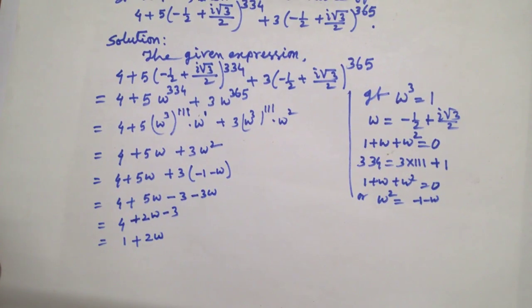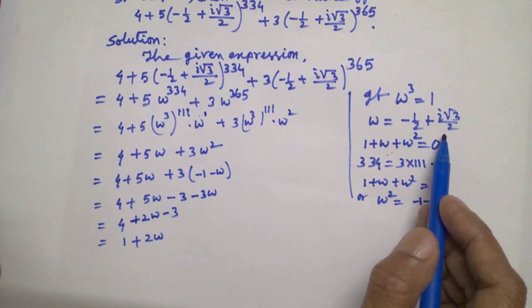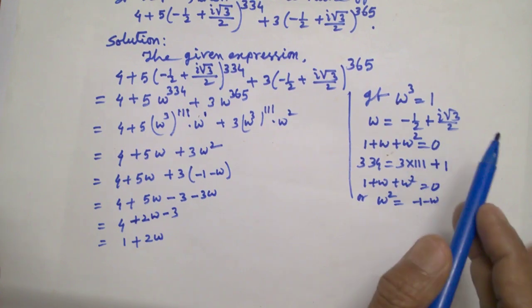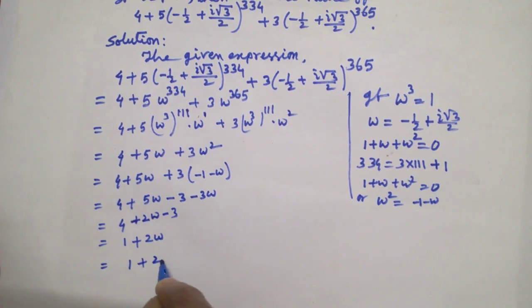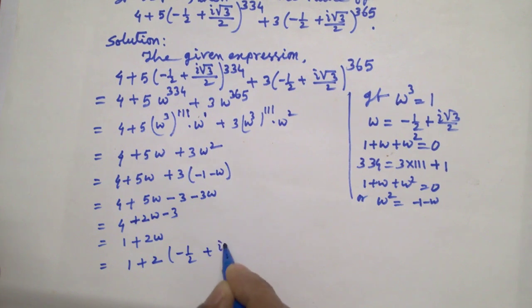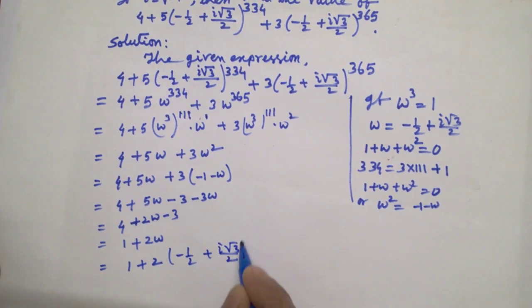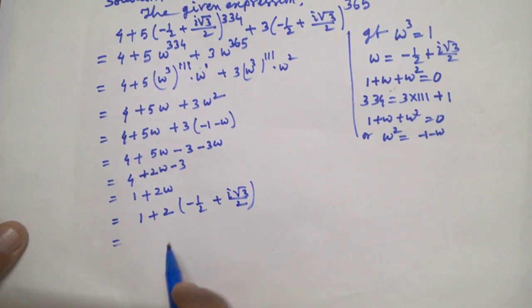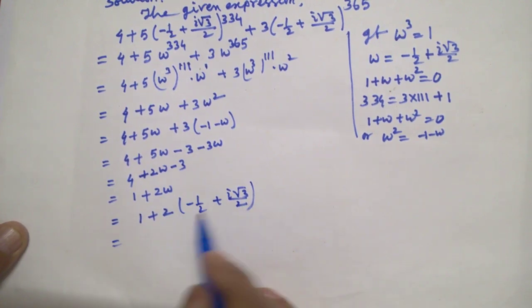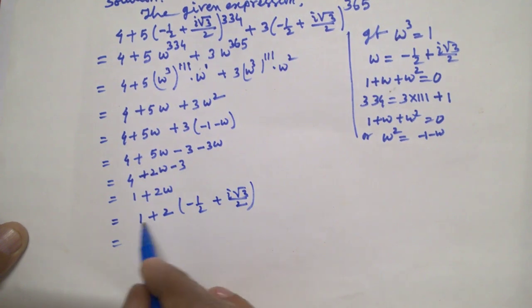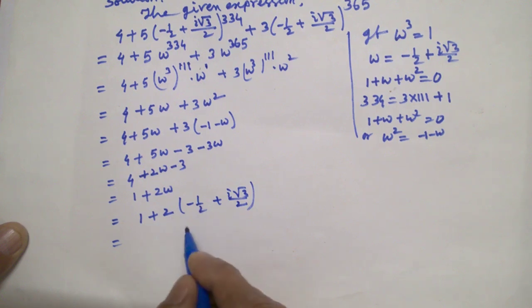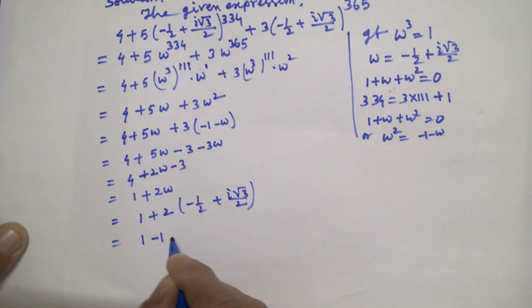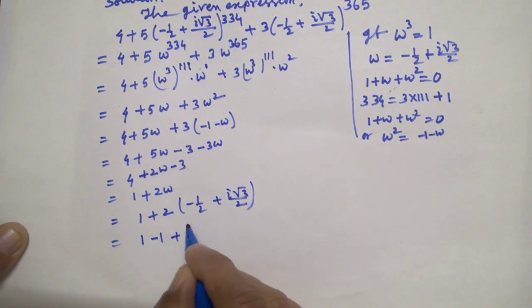Now put the values of omega to get the result in terms of i and a number. That is equal to 1 plus 2 (minus half plus i root 3 by 2). The 2 will get cancelled whenever this bracket is opened, so 2 gets cancelled, 1 minus 1 will get cancelled, leaving i root 3.